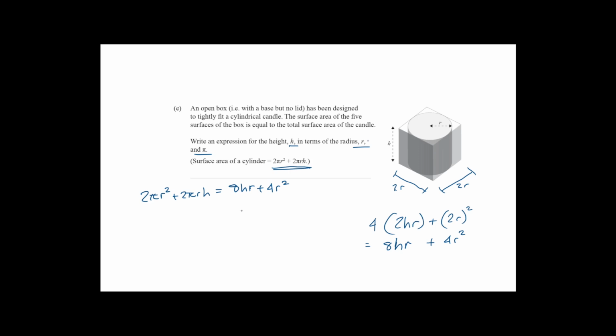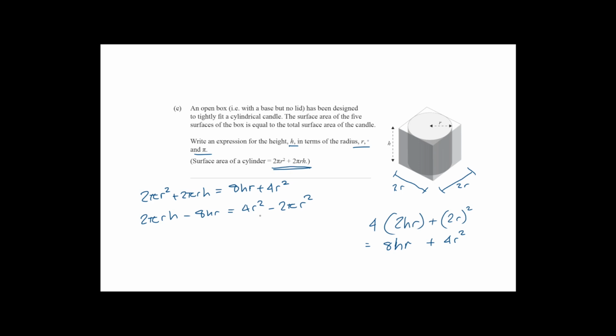What I'm going to do is bring everything which has an h on this side and everything that doesn't over to this side. So 2 pi rh minus 8hr is going to be equal to 4r squared minus 2 pi r squared.